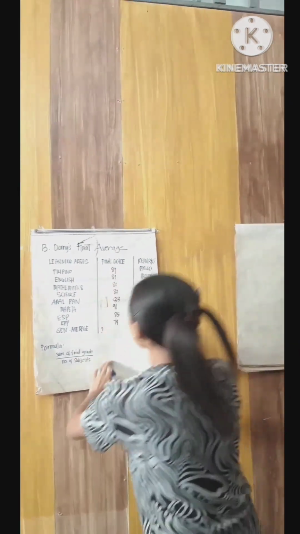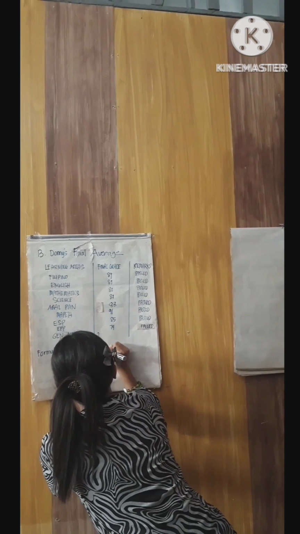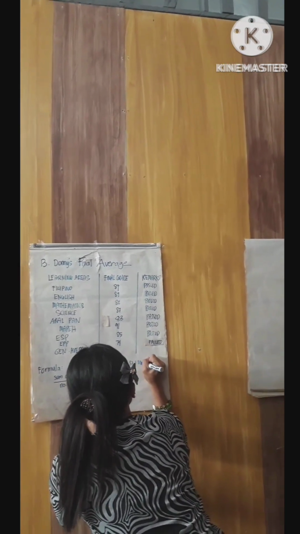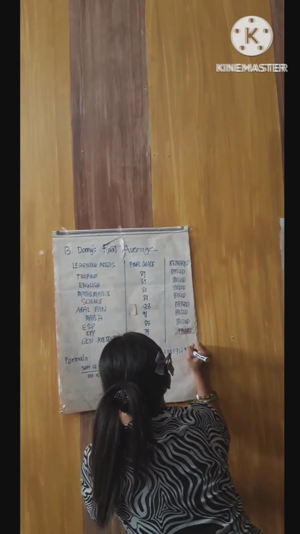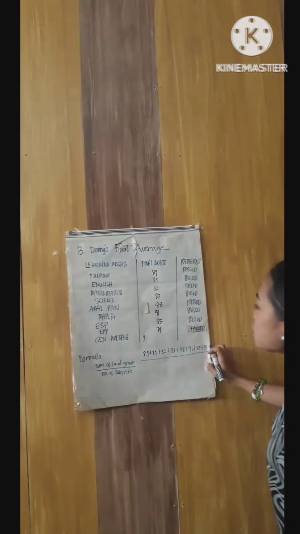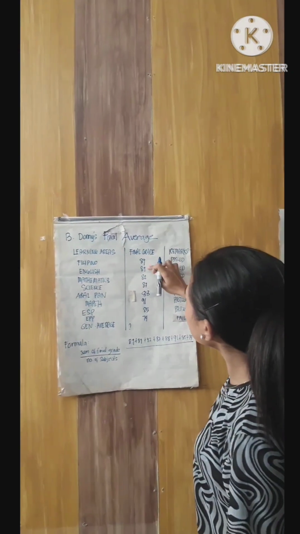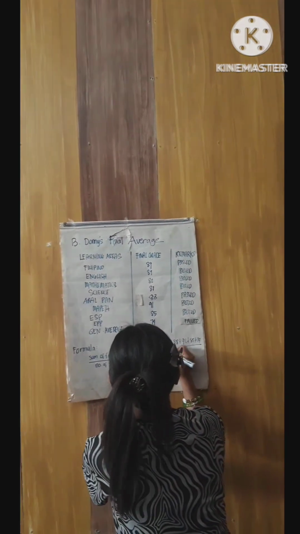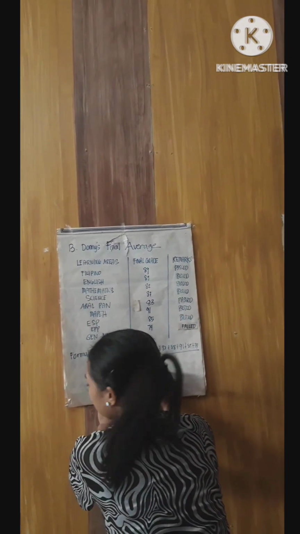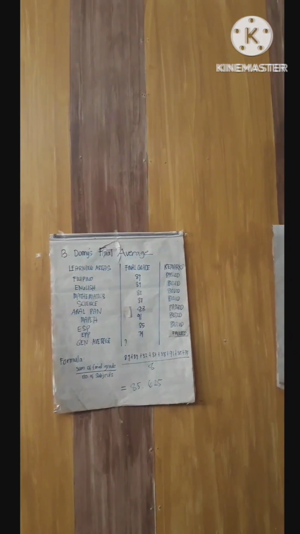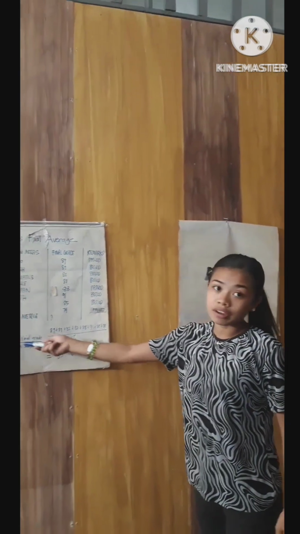Sum of final grade, 89 plus 89 plus 82 plus 87 plus 88 plus 91 plus 85 plus 74 over number of subject, which is 1, 2, 3, 4, 5, 6, 7, 8. 8 is equals to 85.625. So this is the answer of the given formula.